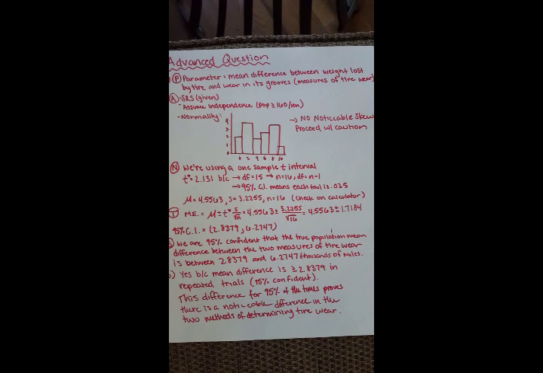So had we got a range that included 0 or included negative values, anything like that, we could say that there isn't definitive evidence that there is a difference between the two methods. But because our 95% confidence interval encompasses all positive values and doesn't include 0, it doesn't include no difference, we can safely assume with this 95% confidence that there is going to be some difference between the two different methods of testing tires.